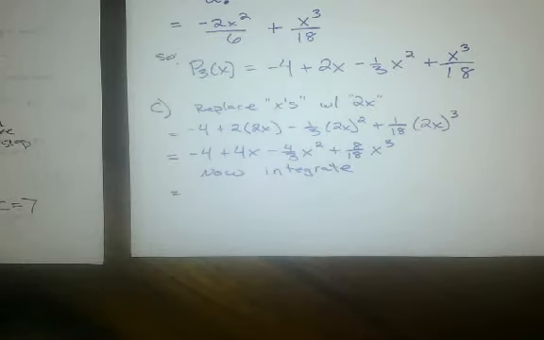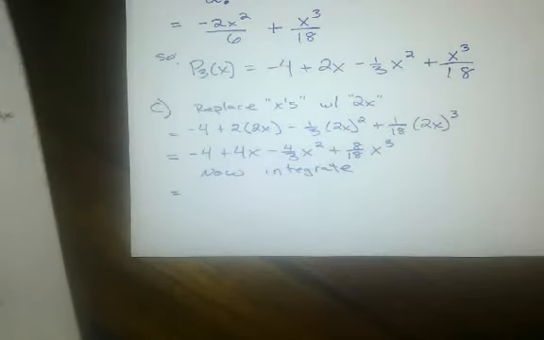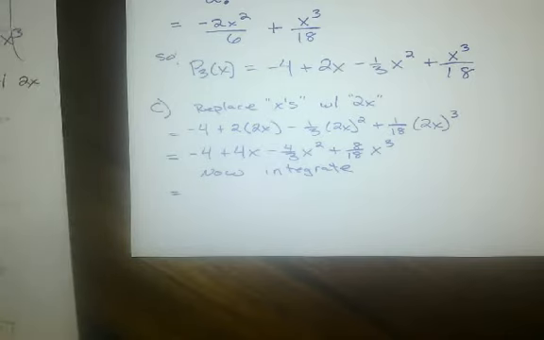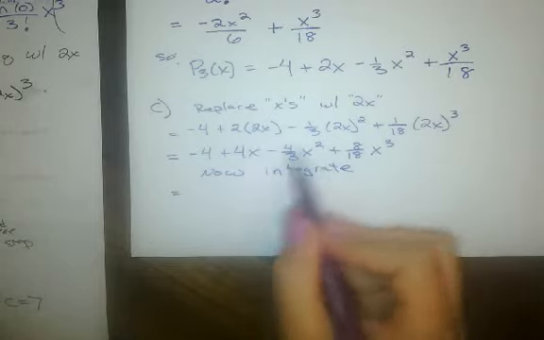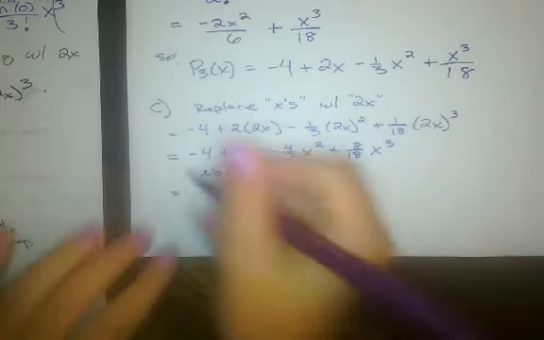And remember, when we're integrating this, the question for part C said that we just want a third degree polynomial. So be careful, we can stop a little early, because when we integrate, we add 1 to the exponent, so this will be a third degree after we integrate this piece.